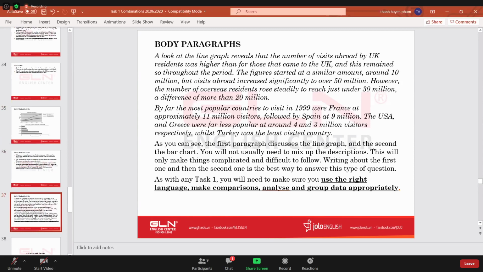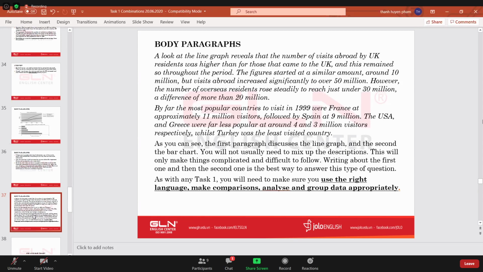However, the number of overseas residents rose steadily to reach just under 30 million, a difference of more than 20 million. So I have analysed by simply stating what the mathematical difference is between the 2 numbers. So 50 million and 30 million, the difference is 20 million.